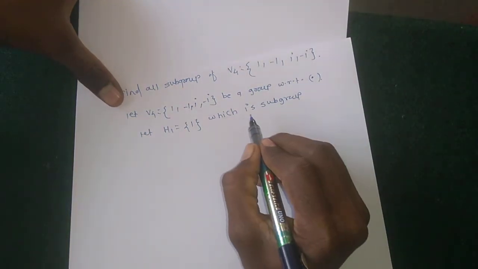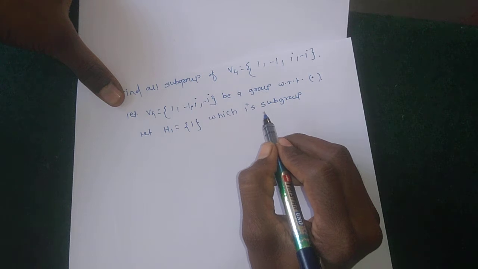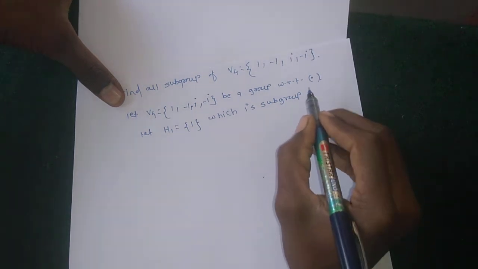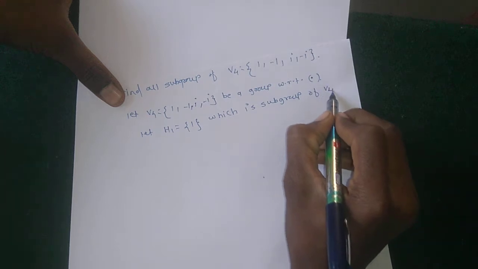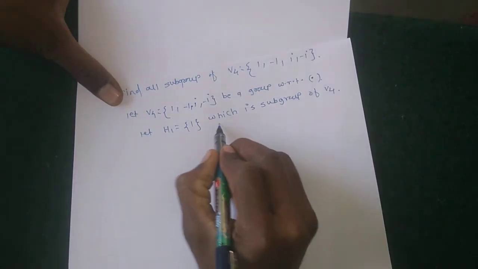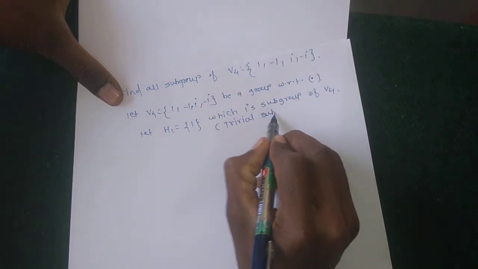These are called trivial or improper subgroups of V4.